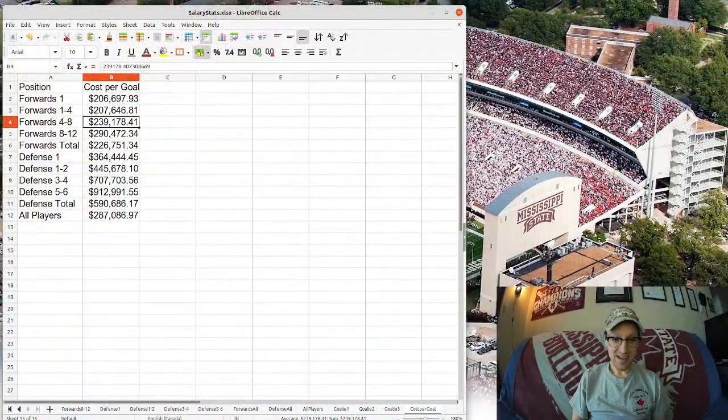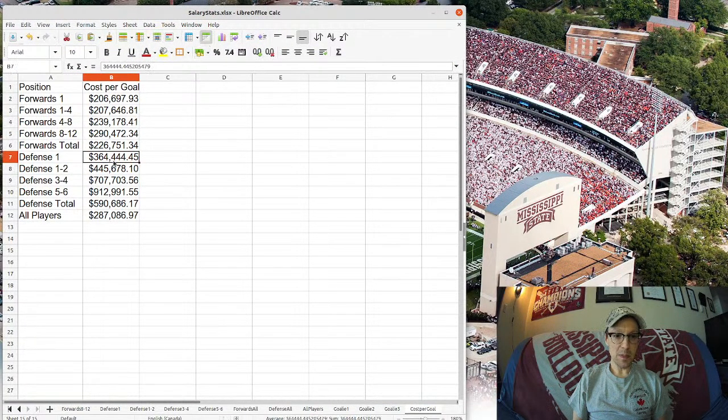Cost per goal, average, and range. Well, I guess we got the averages. Should I get the range? Well, anyways, I'll finish summarizing here.